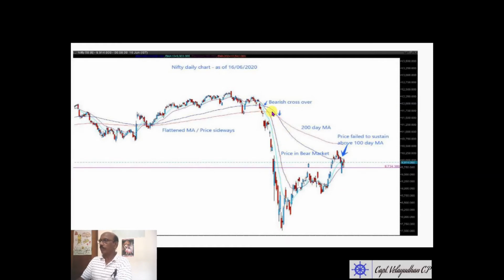Here you got a bearish crossover and you got a sell signal, and it gave a good profit on the short side. Those people who short sell the market made good money here. Here the market was still in bearish phase. As I said, this market was on 16th June.